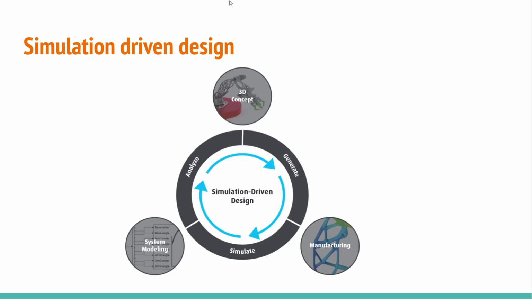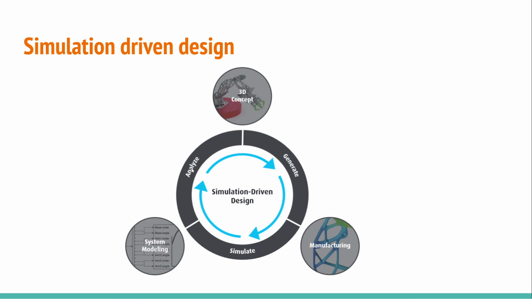Simulation driven design. Simulation driven design generally acts in three parts: generate, simulate, analyze. Simulation driven design means virtual simulation from the very start of product development instead of waiting for physical prototypes. It helps engineers optimize performance and reduce material and cost early in design.